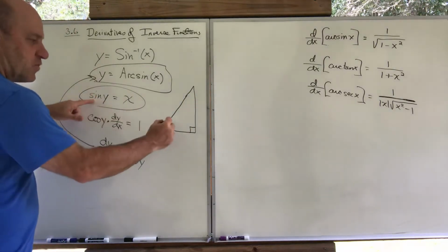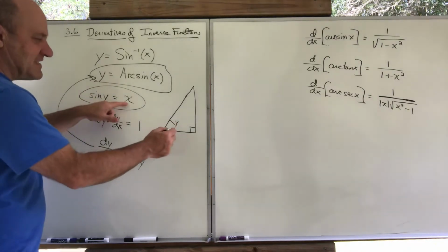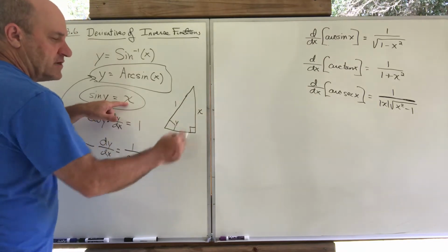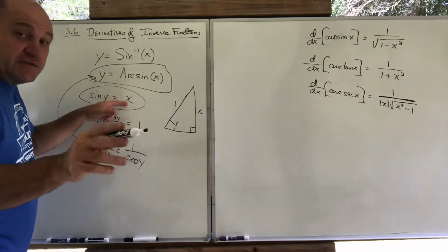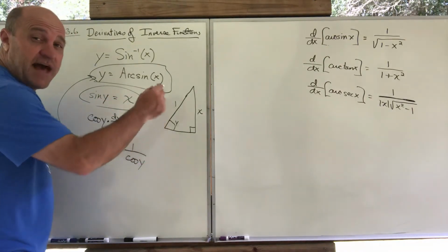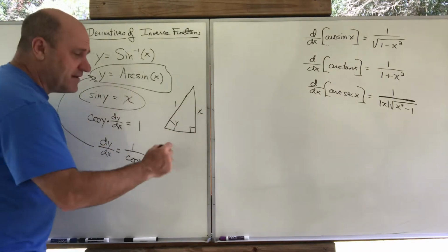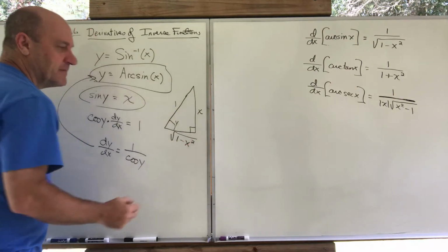The angle is y, make that your angle y. And if the sine of y is x, we know that's opposite over hypotenuse. So x over 1 is how we would label this triangle. Using Pythagorean's theorem, we can get the other leg of the triangle. It's the hypotenuse squared minus that leg squared, square rooted. That was Pythagorean's theorem, you guys.